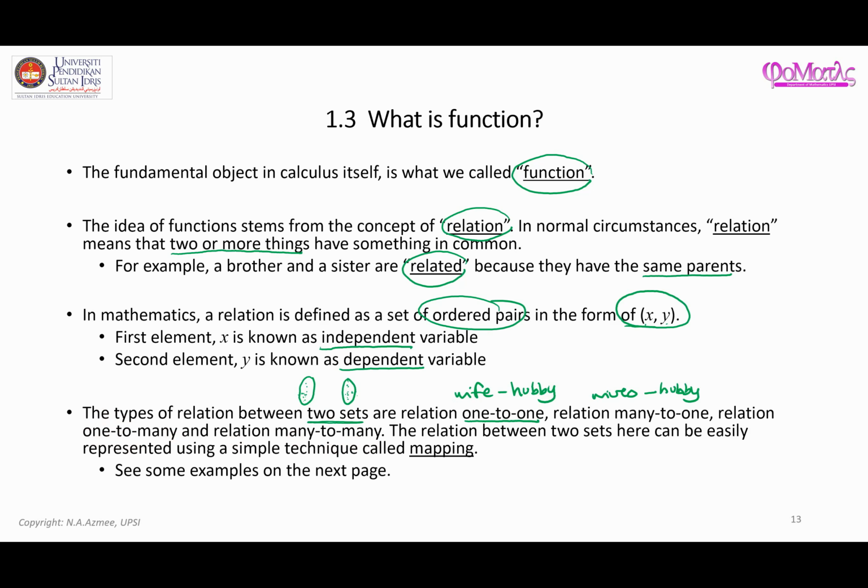So these are the four types of relation: one to one, many to one, one to many, and many to many. The relation between two sets can be easily represented using a simple technique called mapping. We're going to look at some examples of mapping on the next page.